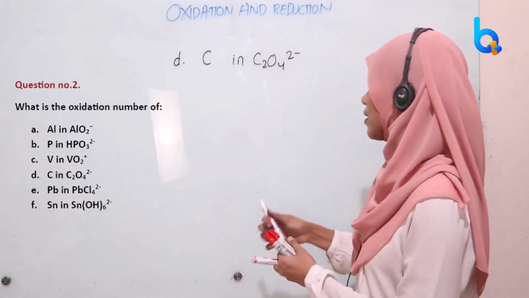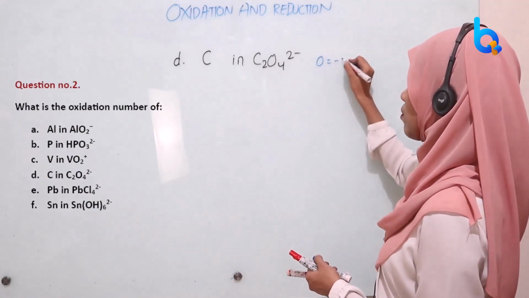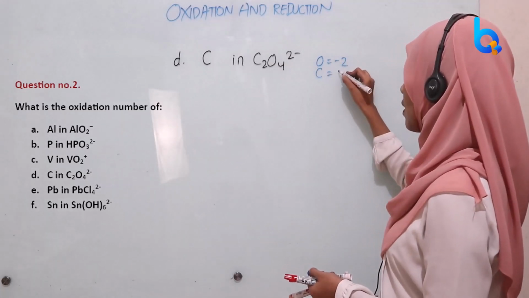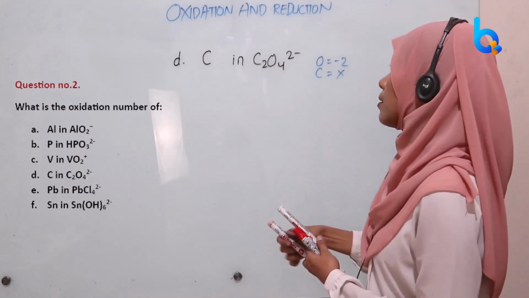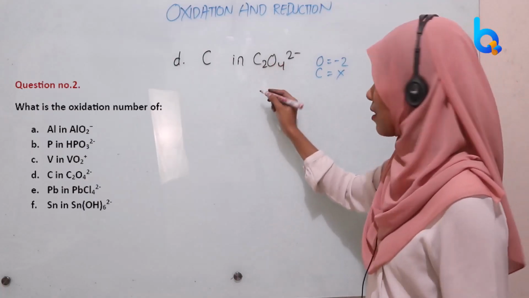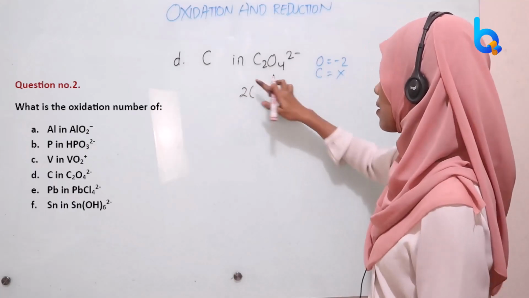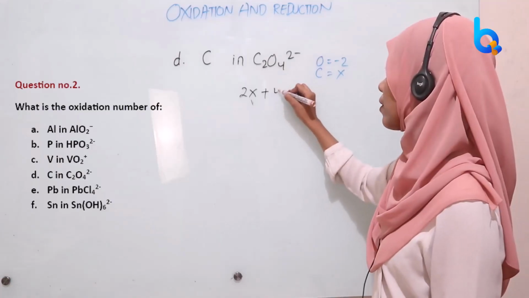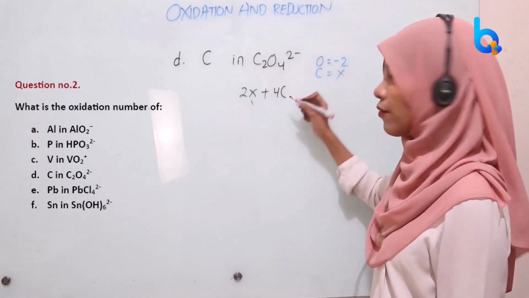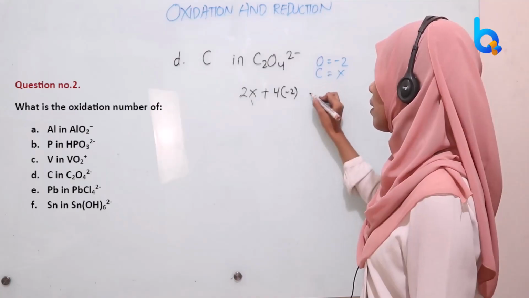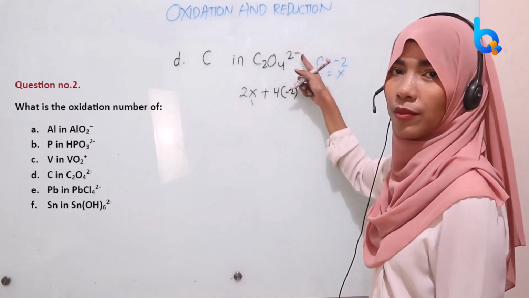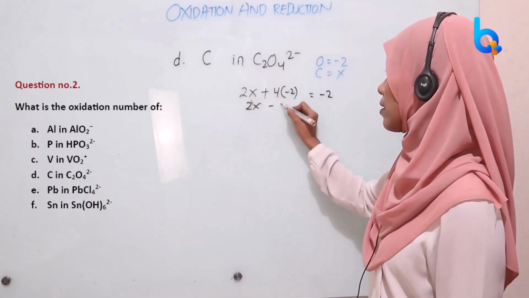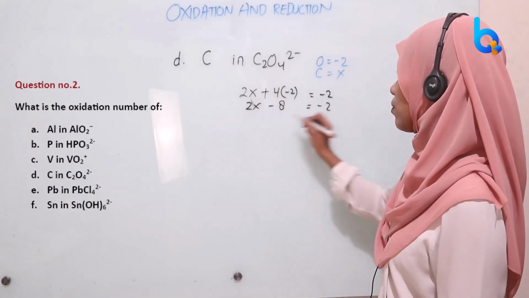As we know, oxygen has oxidation number -2, and we don't know for C, so just put X. For C2, there are 2 carbon atoms, so 2 times X, 2X, plus for oxygen 4 times -2, equals, the overall charge, -2. Now 2X minus 8 equals -2.